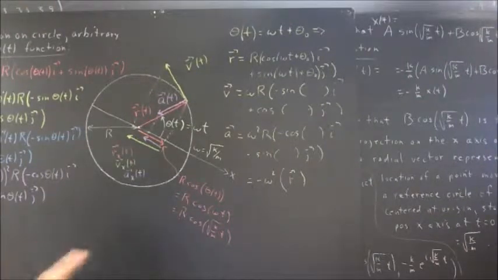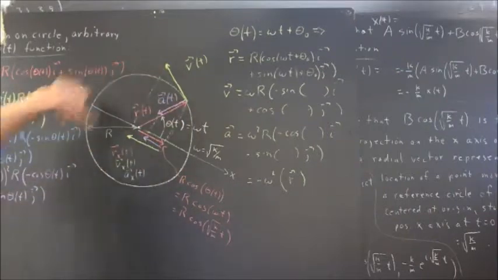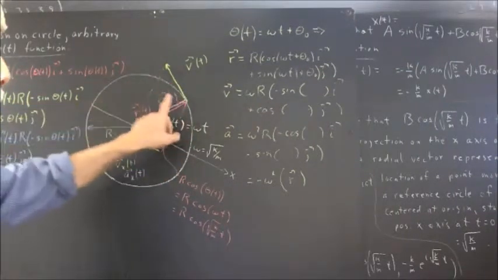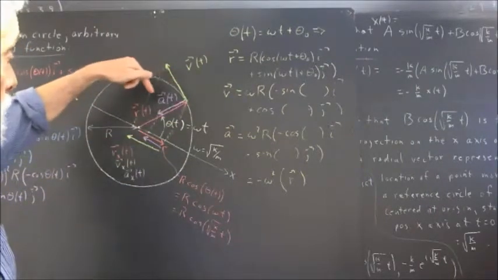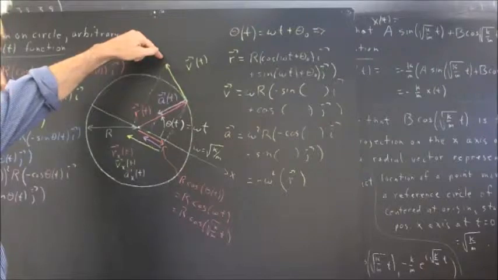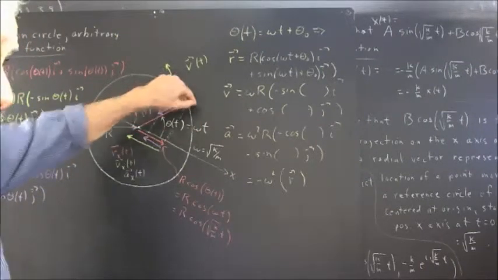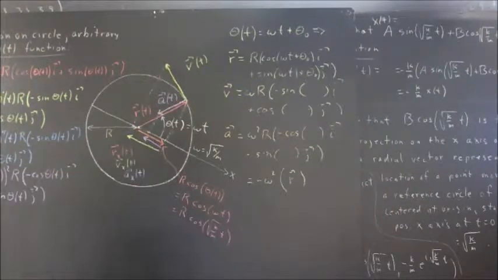Before I answer the question I posed at the end of the last clip, I'll just comment that this reference point moving around the circle has a velocity tangent to the circle, and that velocity is just equal to the angular velocity omega multiplied by the radius of the circle, or whatever quantity represents the radius of the circle.